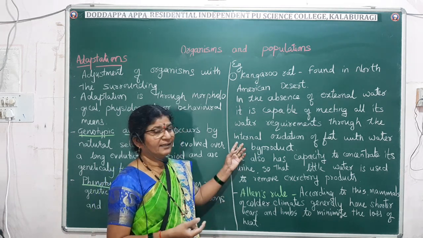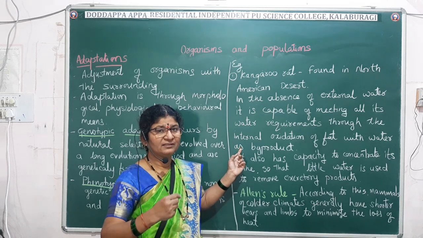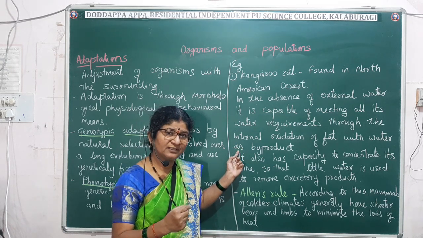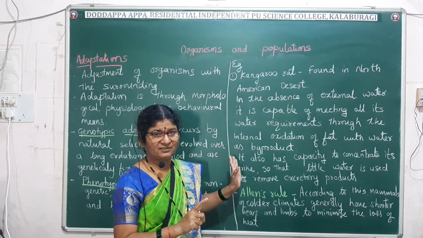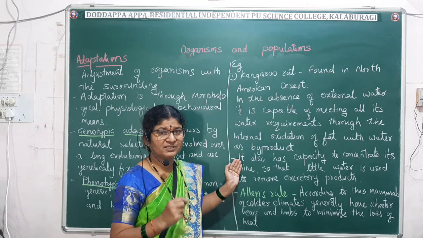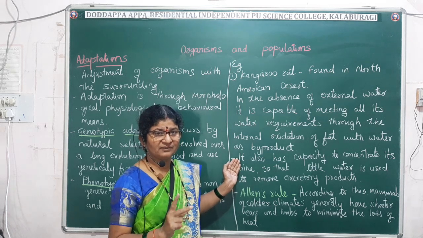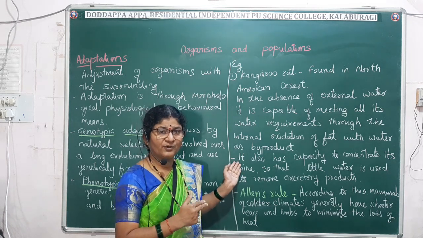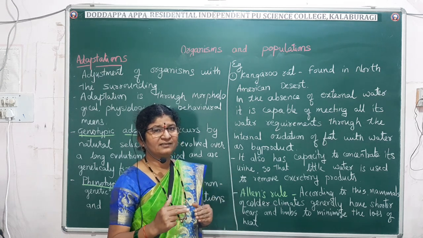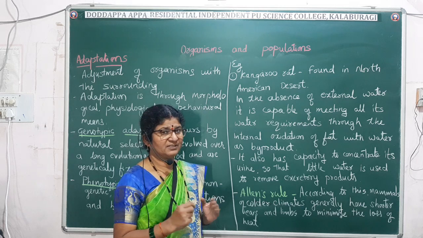One is internal fat: during internal fat oxidation, water is produced as a byproduct, which is sufficient for its survival. Next, it concentrates its nitrogenous waste, that is urine, and then eliminates it. By this process it conserves water, and that is how it meets the water requirement of its life.